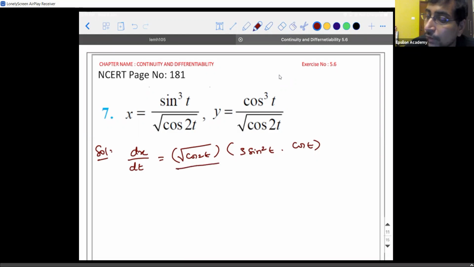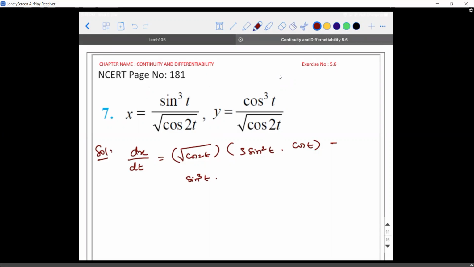The whole minus, what should I write, guys? Who can tell me? Minus sine cube t into, what is the derivative of root of cos 2t?